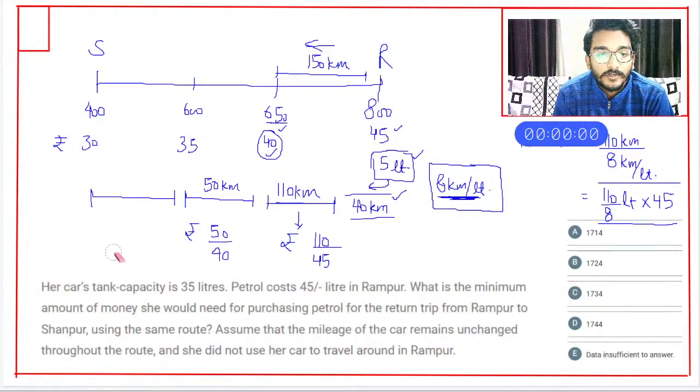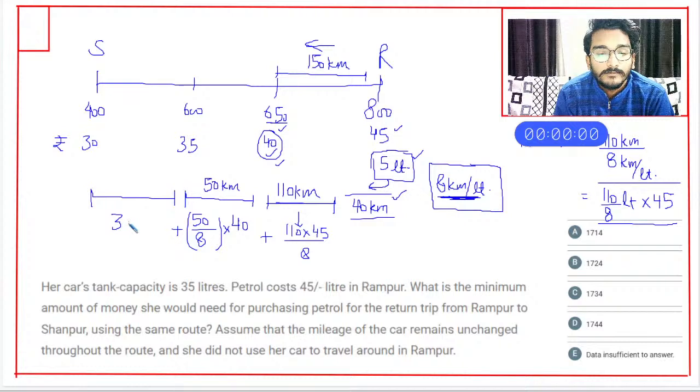Doing the same for the other, which is this 50 kilometers. So 50 kilometer and the mileage is 8 kilometer. This is in liters. We have to multiply by the cost, that is 40 rupees. So here it is 110 into 45 by 8.